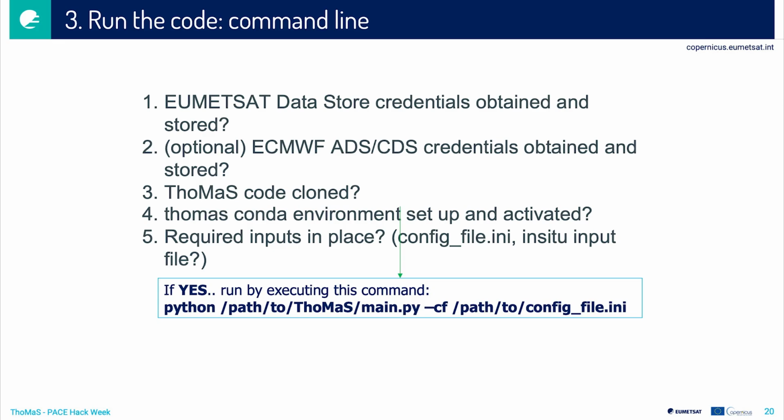The input in situ file you will get in this example from RNA-OC, so ThoMas will create it. And once you have all this, which is a lot, you run main.py, the main script of ThoMas, pointing to the configuration file. So this is a way to run it with a command line.